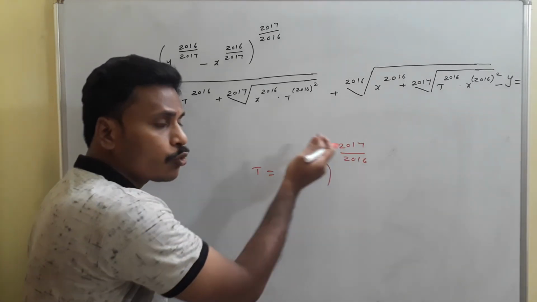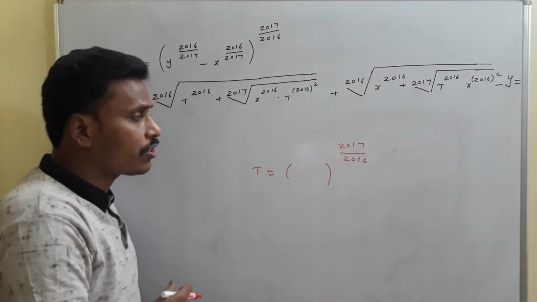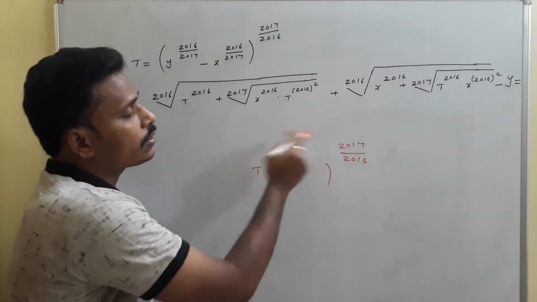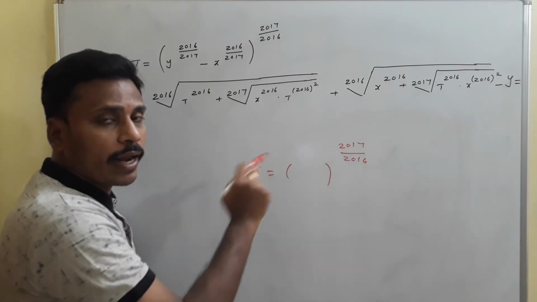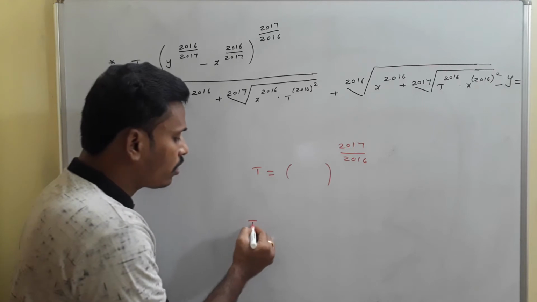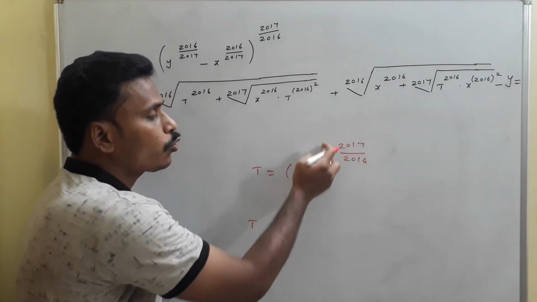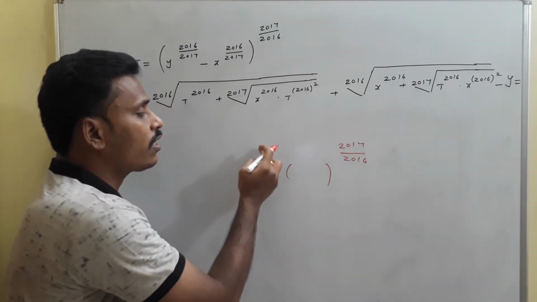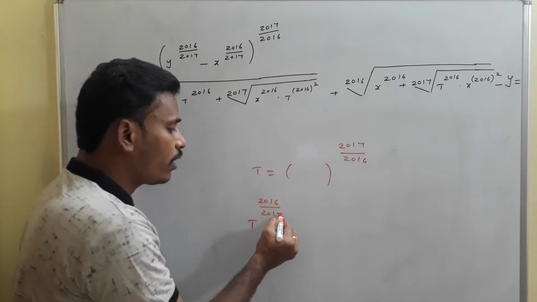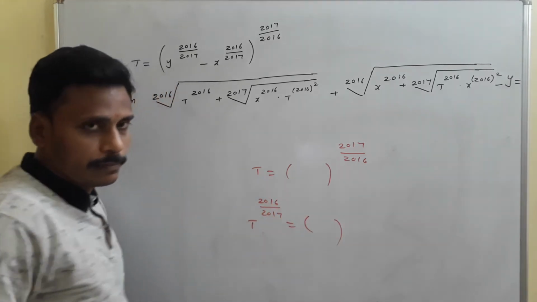If you send this 2017 by 2016 to this side, I think you all know, if you transfer powers from left to right and right to left, they become reciprocal. Okay, so this is t power, this 2017 by 2016 coming to here will become 2016 by 2017 is equal to that something.